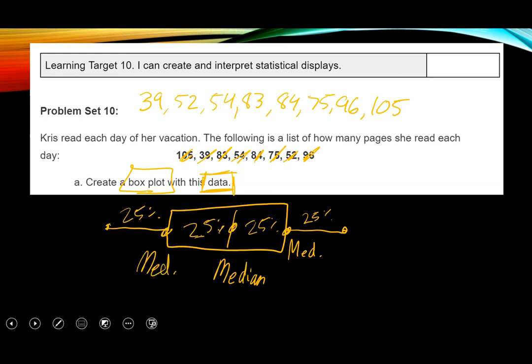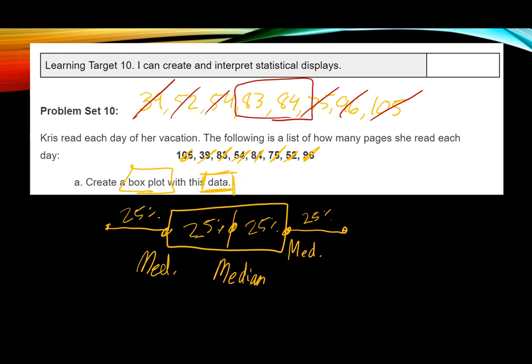So remember, the median is going to be our middle number. Kind of sounds similar. Medial, medium, middle. So here we're going to go 39, 105, 52, 96, 54, 75. So here we have 83 and 84 as our final 2 left.